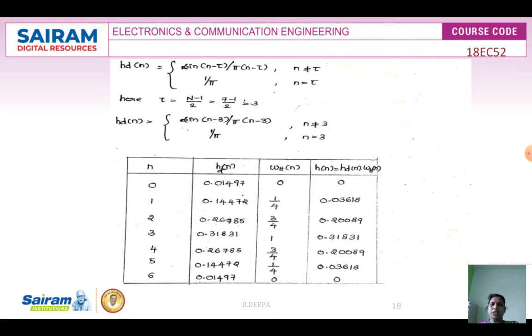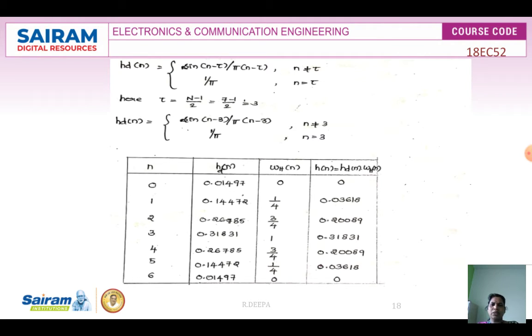Now our objective is to find h of n. In order to find h of n, you have to multiply Hd of n with the Hanning window WH of n. We will calculate tau first, then multiply, and it is listed in the table here. We know tau is equal to M minus 1 by 2.